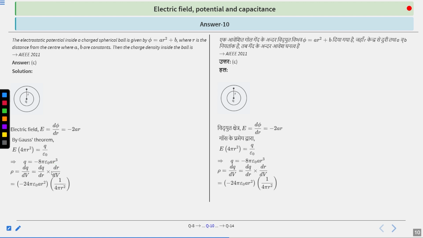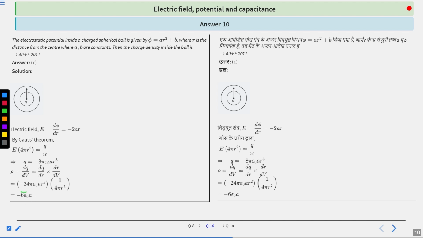So put all given terms in this equation. dq divided by dr is minus 24 pi epsilon naught a r square, and dr divided by dv is 1 upon 4 pi r square. So solving this, you will get rho is equal to minus 6 epsilon naught a. Clear?